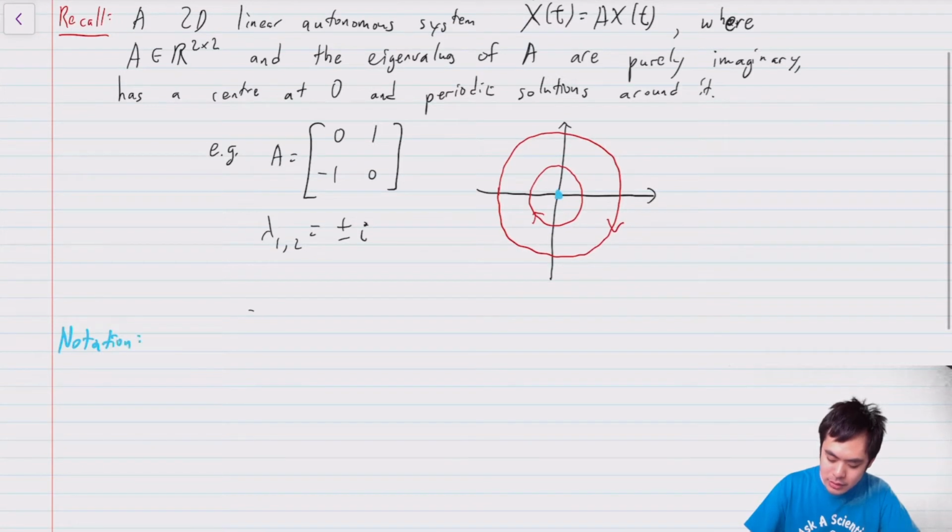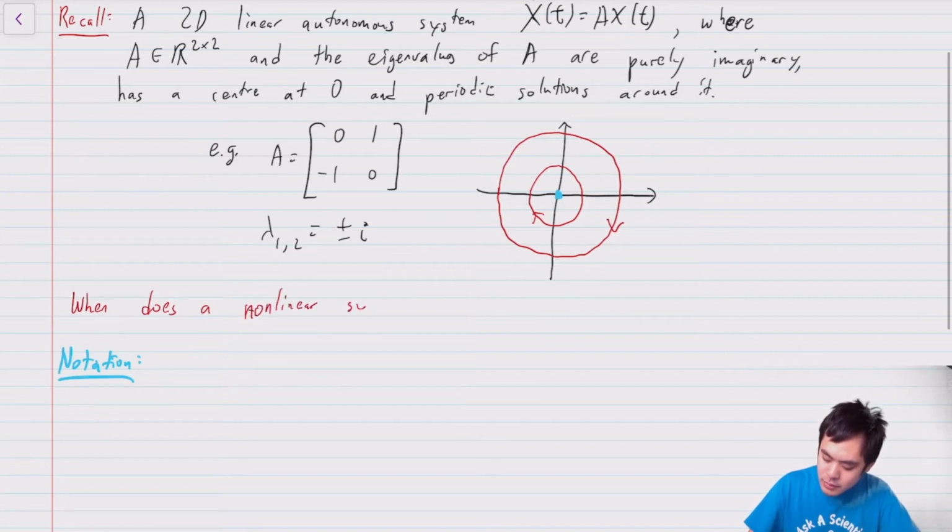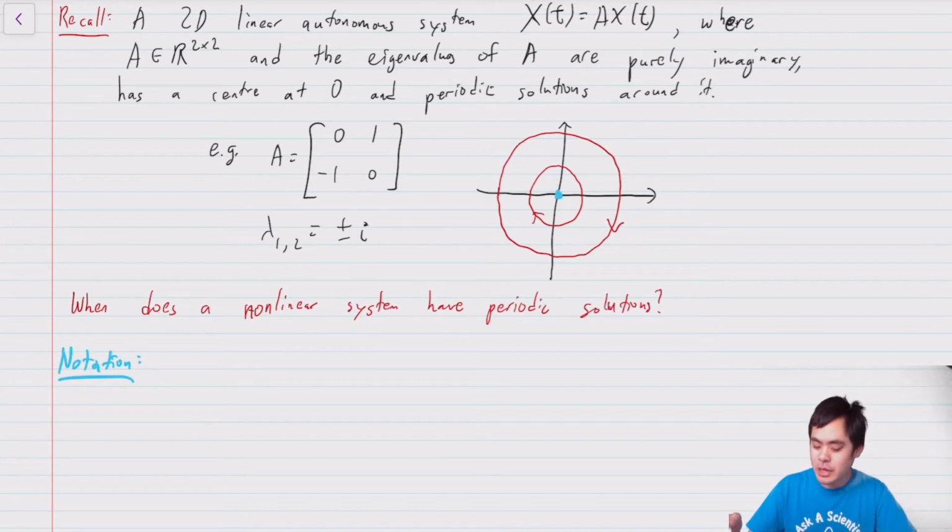Let me write down that question: when does a nonlinear system have periodic solutions? This is a much more complicated problem. But let's start with some notation about limiting orbits.